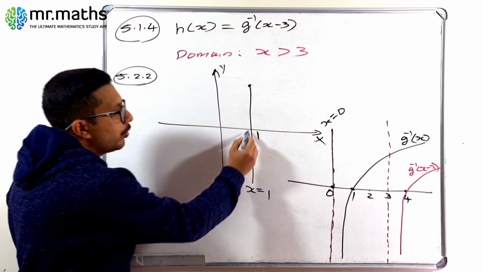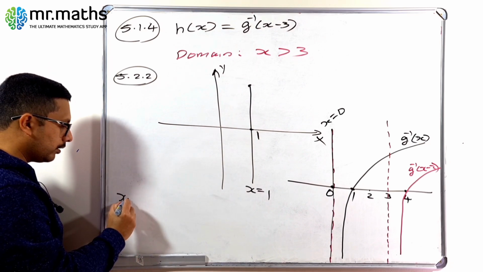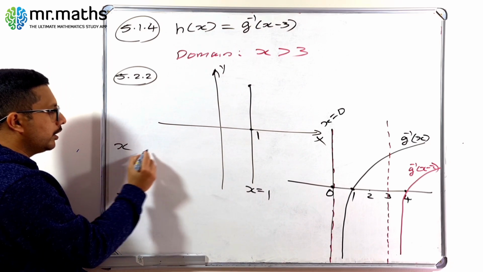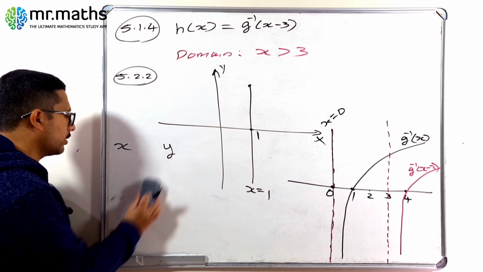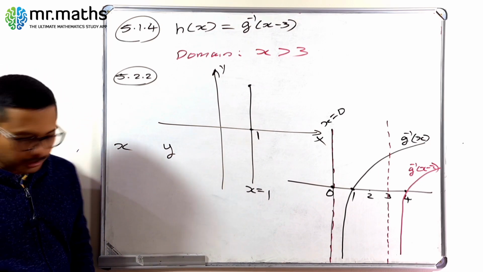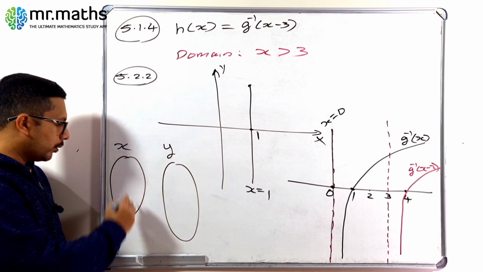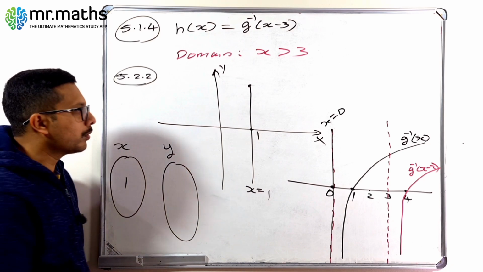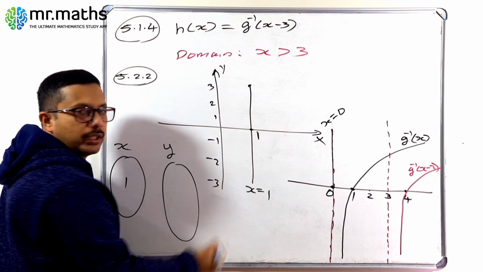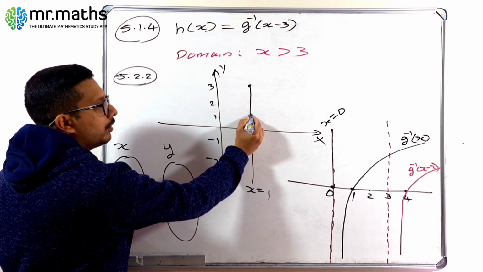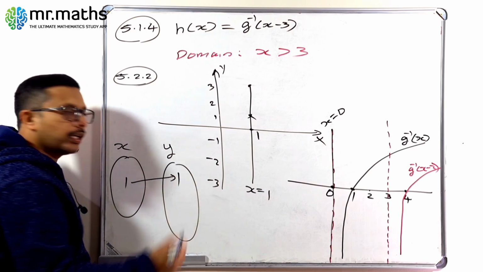Look at this one. I'm going to take x as 1. These are the x values, these are the y values. When x is equal to 1, y is 1, so 1 is related to 1.